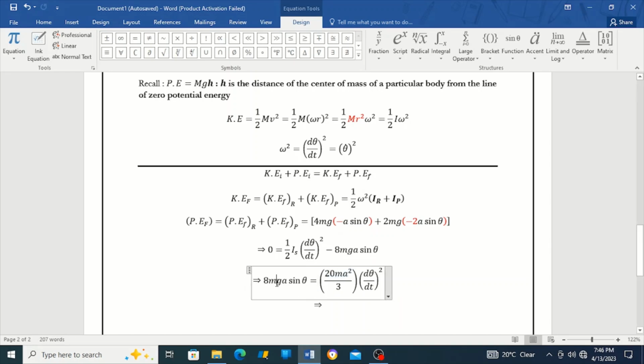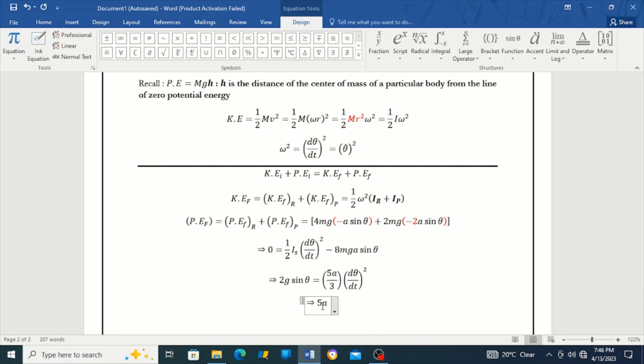Now our m has cancelled with the m here. Now our a, here you're going to be left with 1a. In fact, 4 is going to go here 2 times and 4 is going to go here 5 times. Now we multiply both sides by 3.